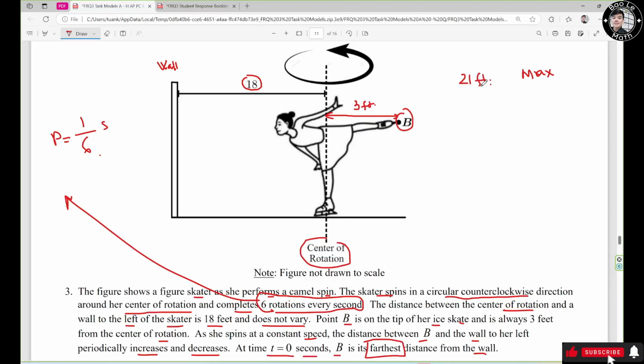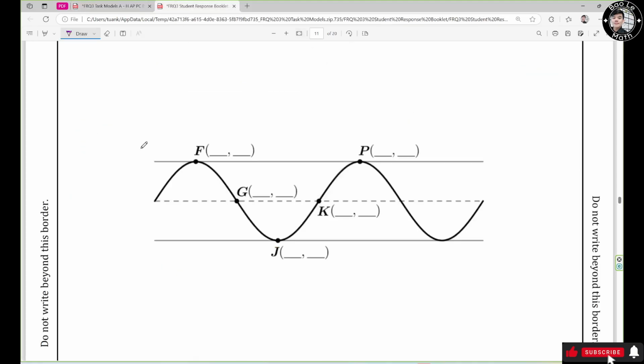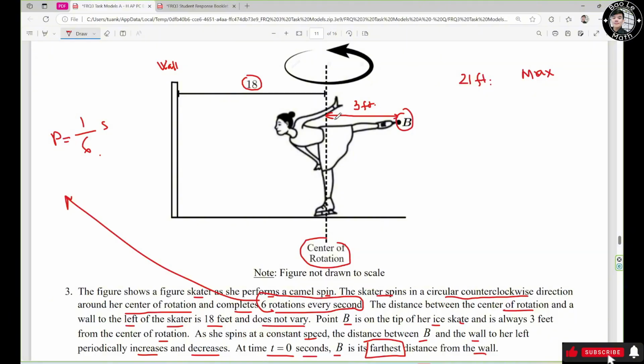Now, the maximum is 21 feet, so this one is 21. Now the minimum, when point P goes over here, this one is 3, so the minimum should be 18 subtract 3. The distance from here to here is the minimum.